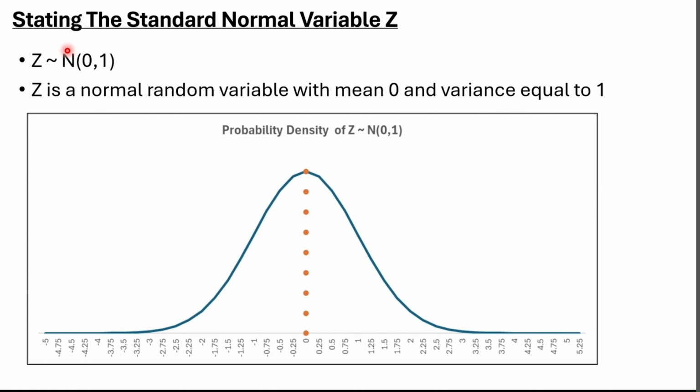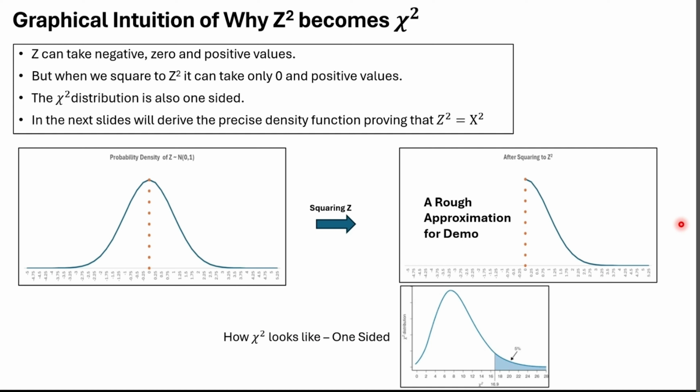The standard normal variable is denoted symbolically as N, meaning normal, with a mean of 0 and variance of 1. So it has a mean of 0. You can see that the peak aligns with 0. It has a variance of 1, not stated here, but just for you to understand. And this is how the density curve looks, right? Let's get to the next slide for some more details.